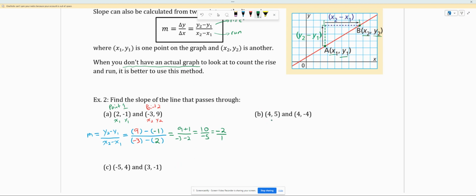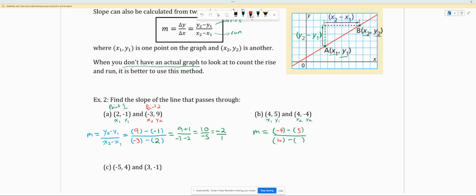Next one here. So let's label it. I'm going to move away from color coding. So we can go x1, y1. And this will be x2, y2. Label our points. Now let's set up our equation. M is equal to the y's being subtracted, y2 minus y1, and the x's being subtracted. I'll change colors here. So let's put in the y2 is -4, subtracting the other y value is 5.